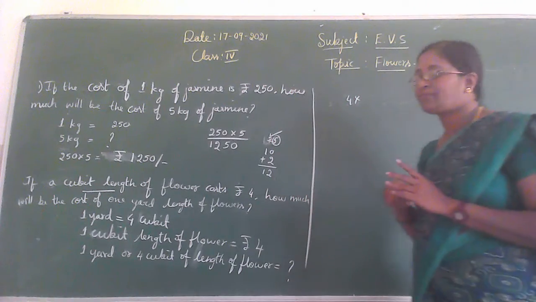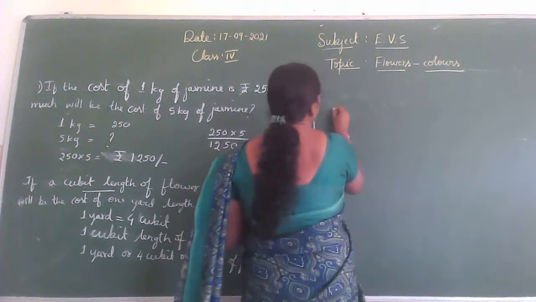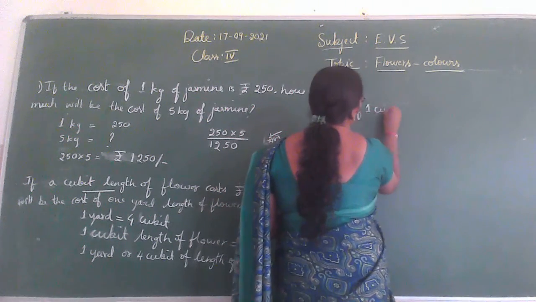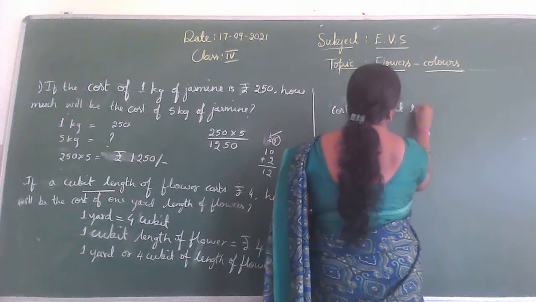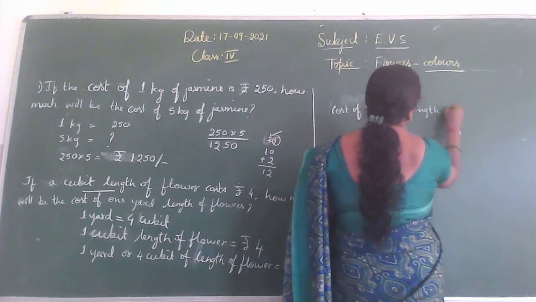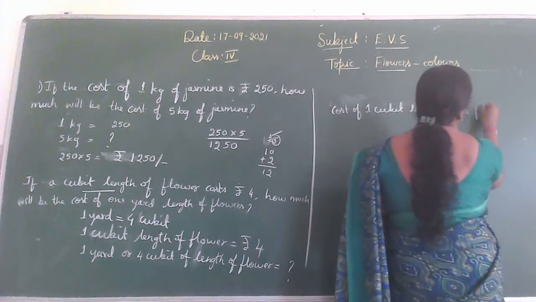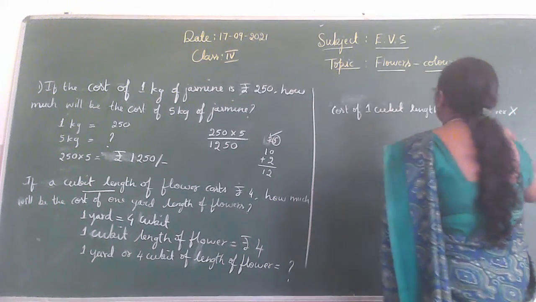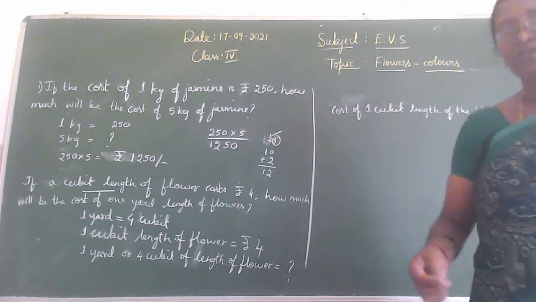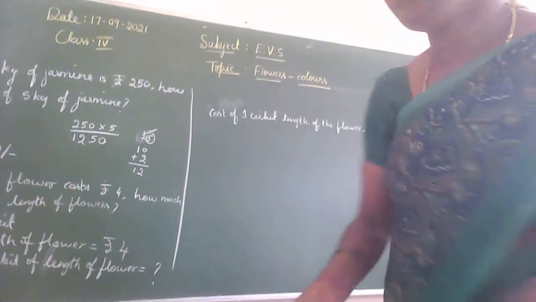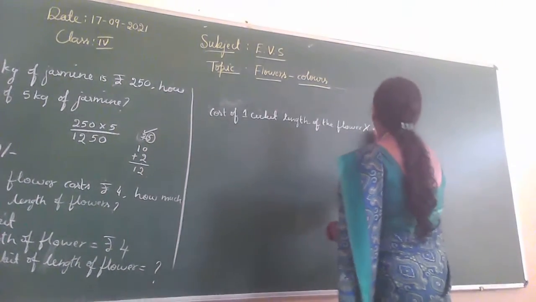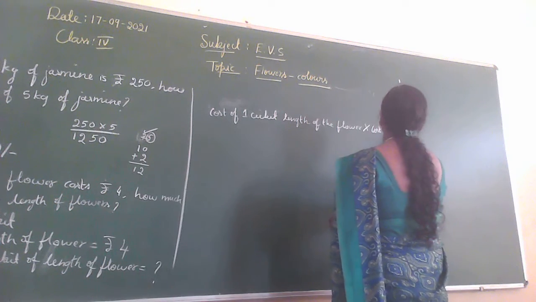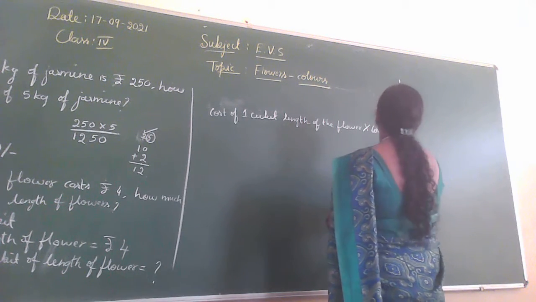Here I am writing the cost of 1 cubit length of the flower, and we need to multiply by the cost of 4 cubit.